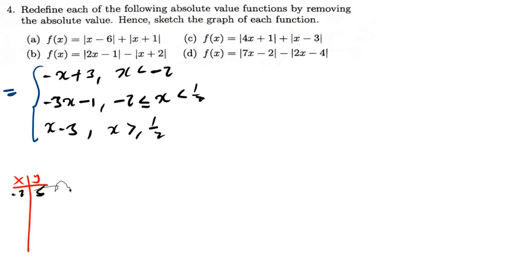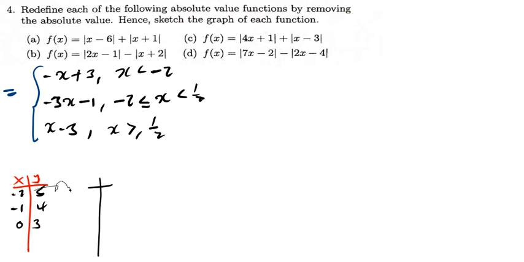If I put negative 1, it's going to be positive 1, so it's going to give me 4. If I put 0, it's going to give me 3.